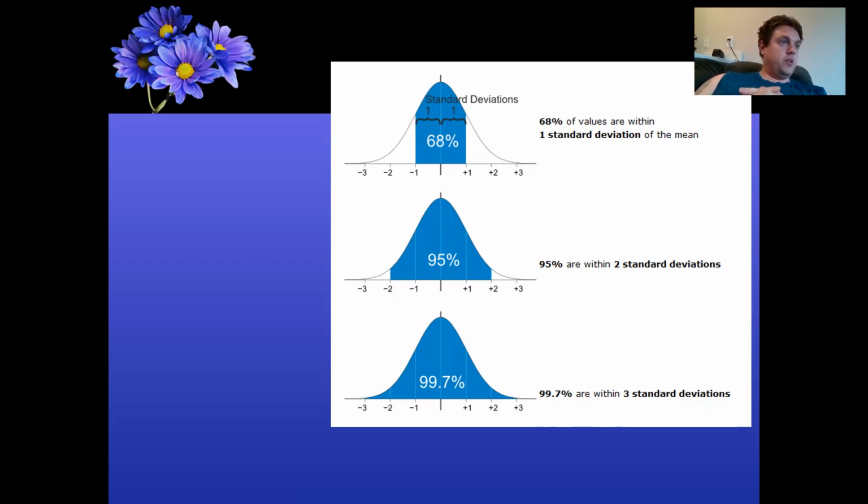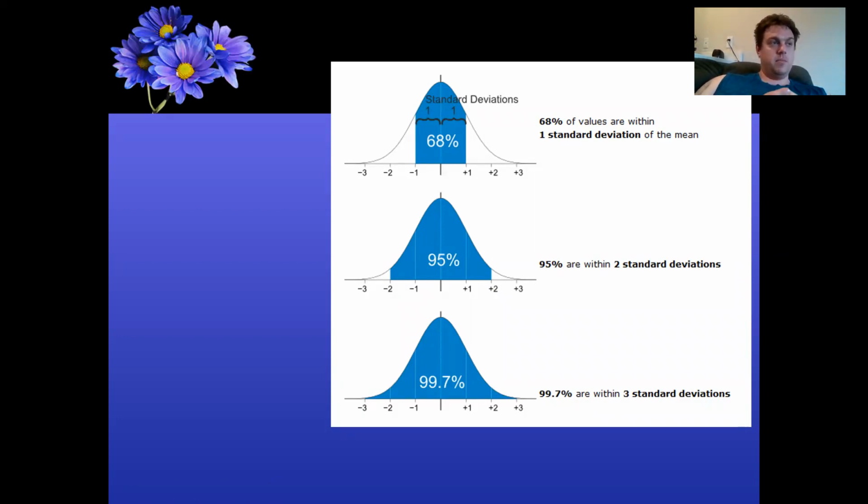Let's say I had this test and the average was like 70% and the standard deviation was like 10%. Well, that means something different than if the average is 70% and the standard deviation is, say, I don't know, only 5%, right?